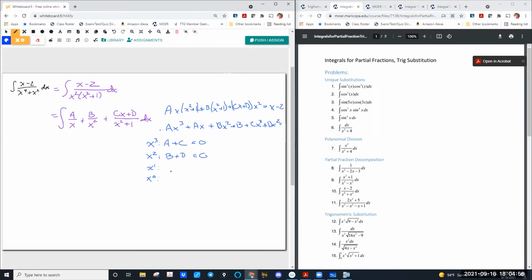There's no x squared terms. The x is going to be a. And let's double check. That is our only x term. So we do know what a is, and it's going to be 1 because we do have an x term over here. And then finally, our constant term is just b, which equals 2.